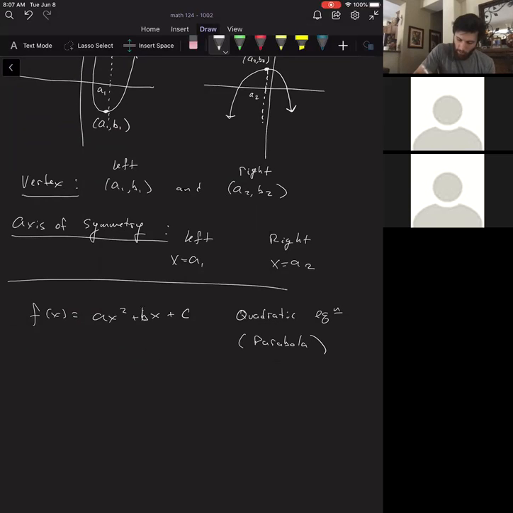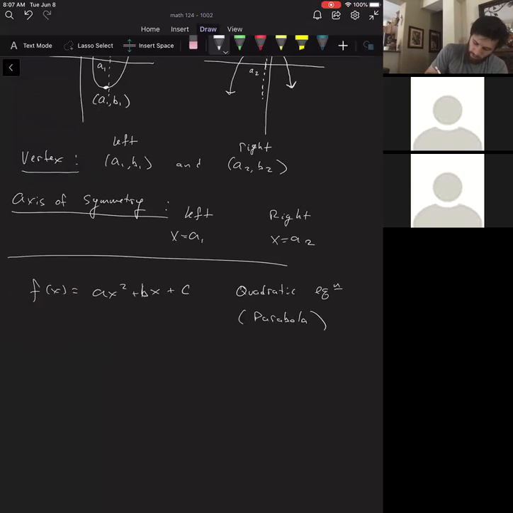So there's going to be a couple of formulas that we need to have memorized. So the vertex is going to be this point, negative b over 2a, and then f, and we plug that number inside, negative b over 2a.